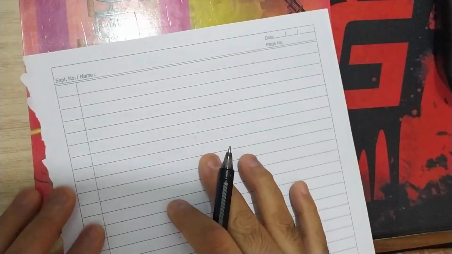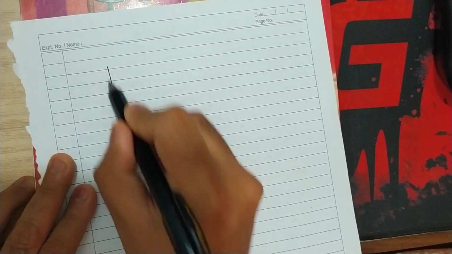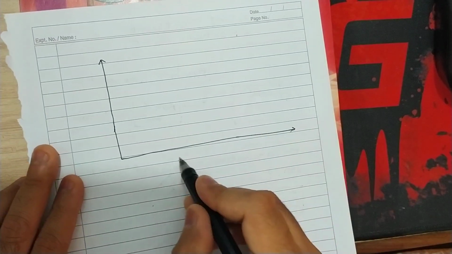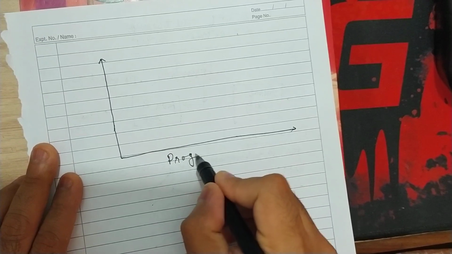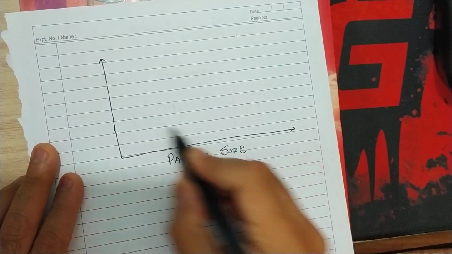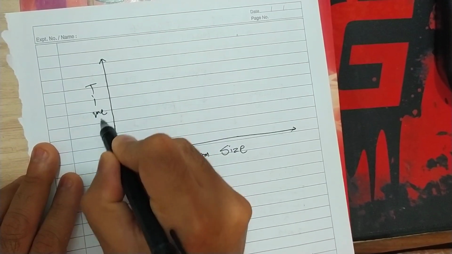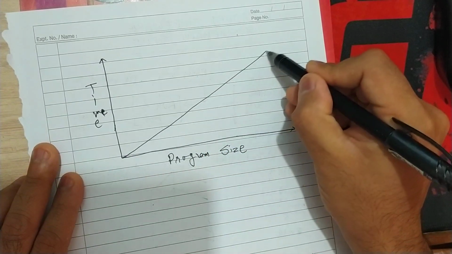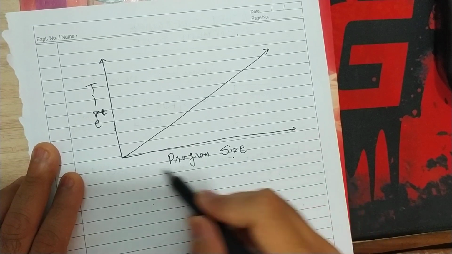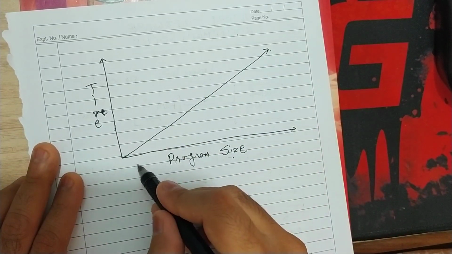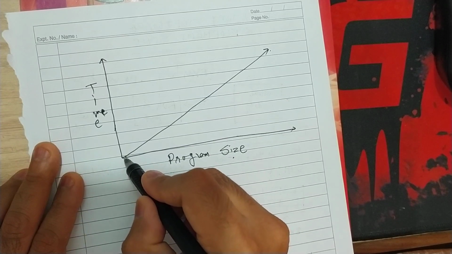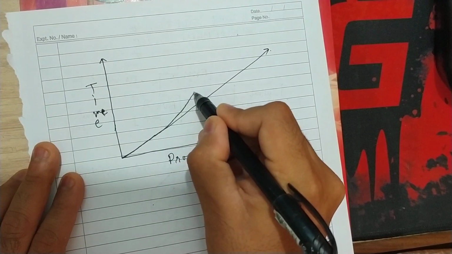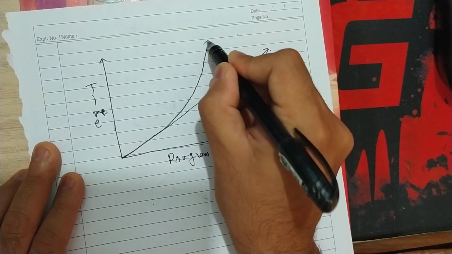If I make a chart, for example, this is the time on the y-axis, and on the x-axis there is the program size. And this is the time to develop the software. This should be the ideal situation: as the program size increases, the time increases linearly. But in case of our exploratory style, for a small program it will be okay, like the ideal situation. But as the program size increases, the time will increase exponentially.